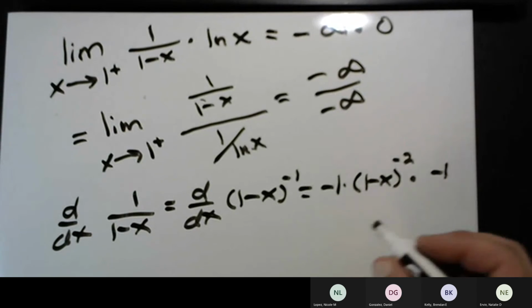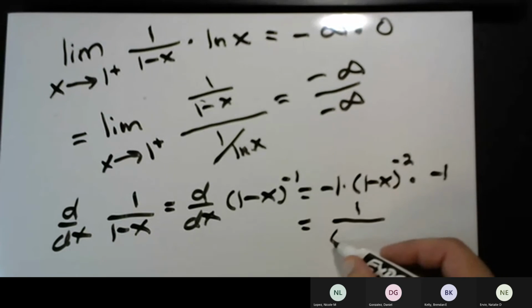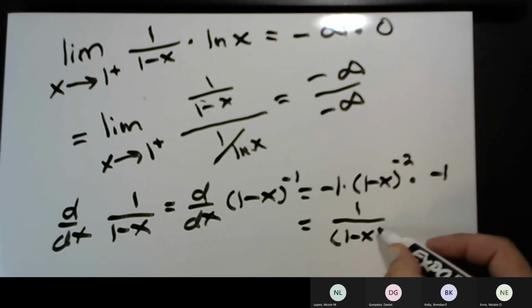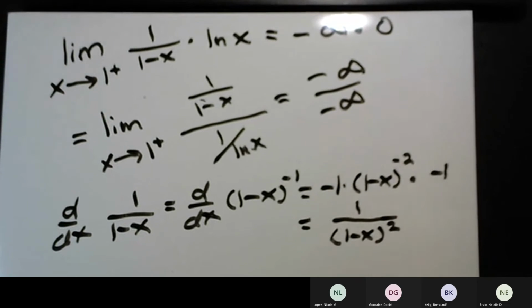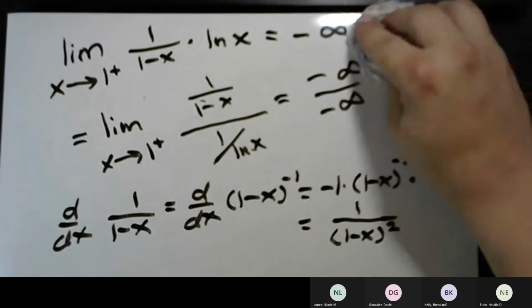Times negative 1. So we'll get 1 over 1 minus x squared. So that gives our derivative of the numerator.